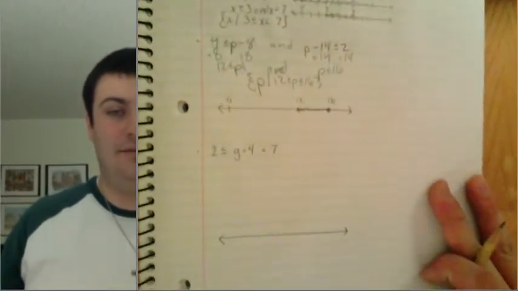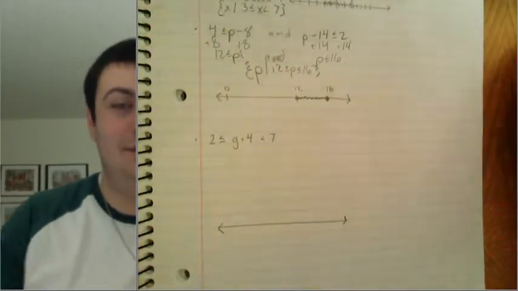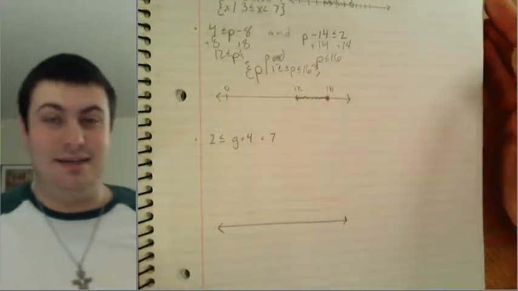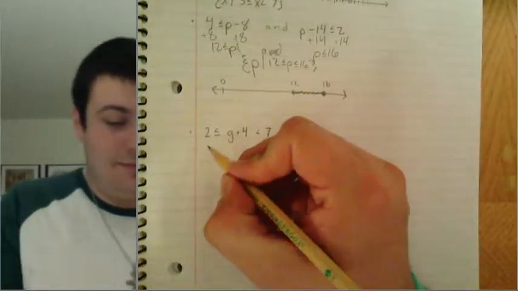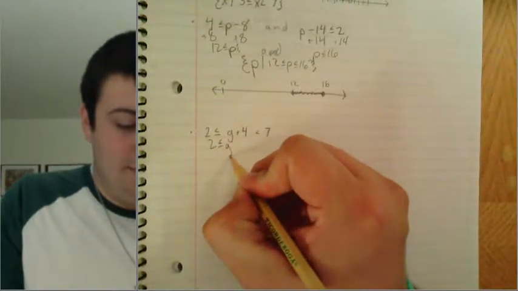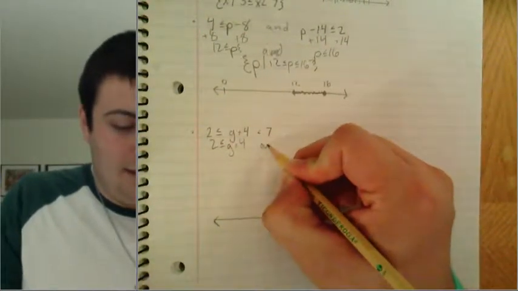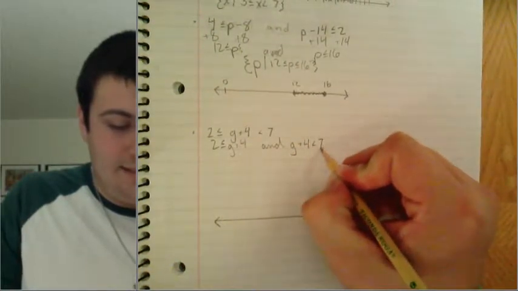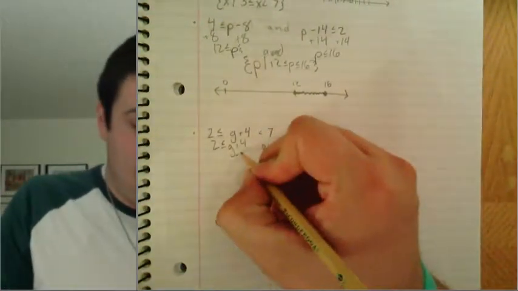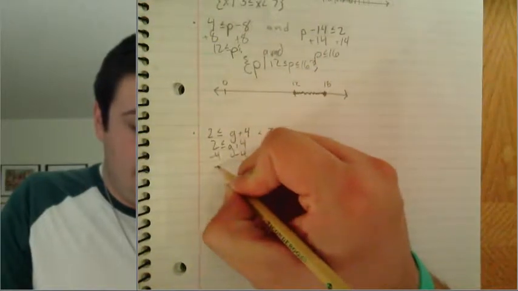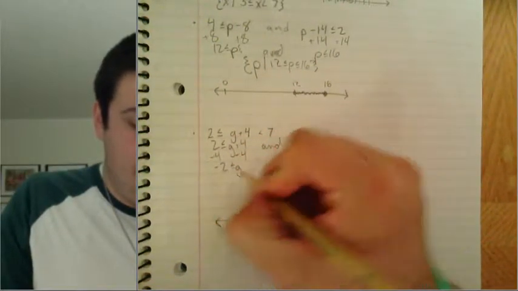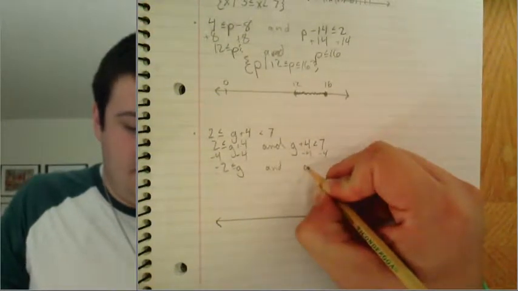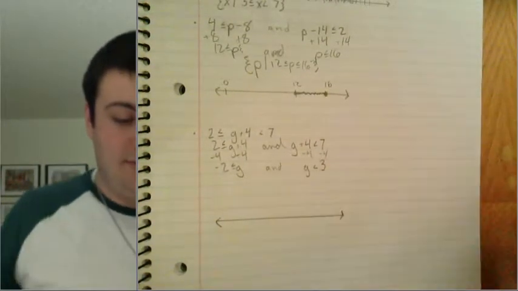Now, if we look here at 2 is less than or equal to g plus 4 is less than 7. This is an AND statement hidden here, so I'm going to rewrite it: 2 is less than or equal to g plus 4, and g plus 4 is less than 7. I'm going to solve each side, so minus 4. Now I have negative 2 is less than or equal to g, and minus 4, g is less than 3.